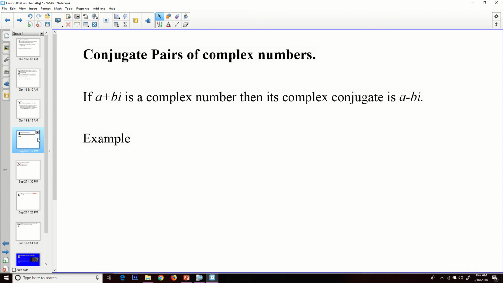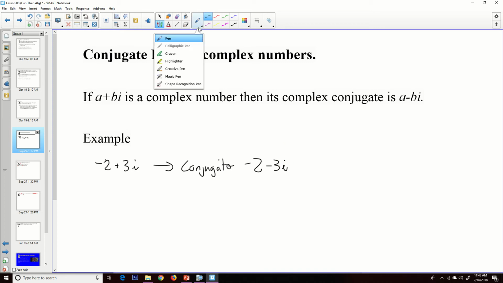Remember complex conjugate pairs of complex numbers. If a plus bi is a complex number, then its complex conjugate will be just a minus bi. And again, just as a real quick example, to reiterate from the last lesson, since some students in the past have made simple errors: if my complex number is -2 plus 3i, then its conjugate is going to be -2 minus 3i.